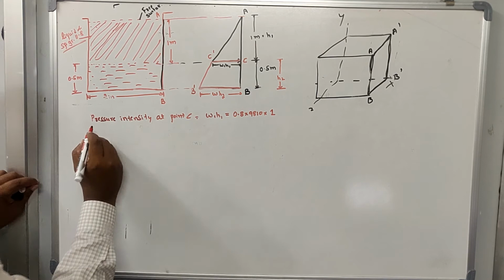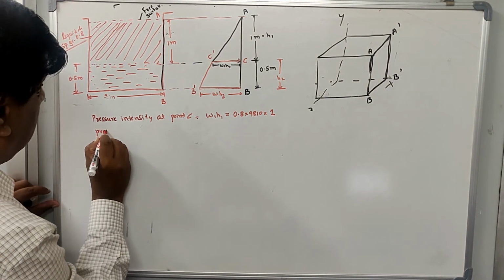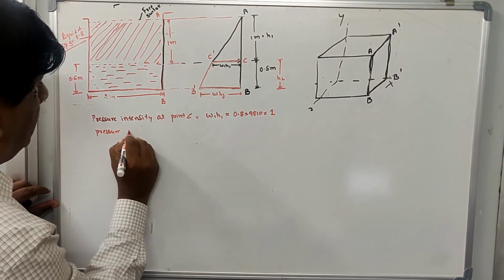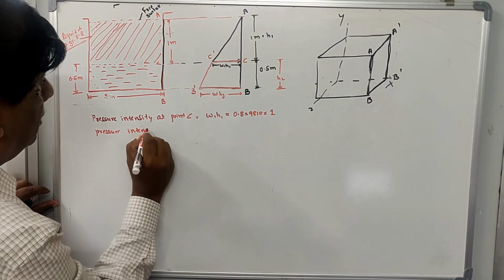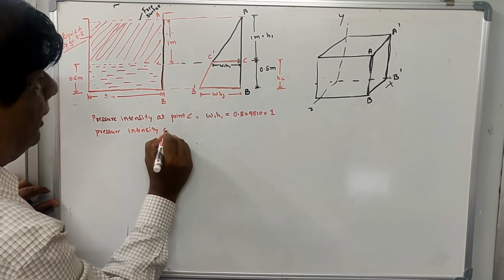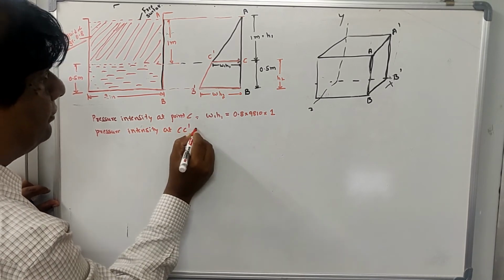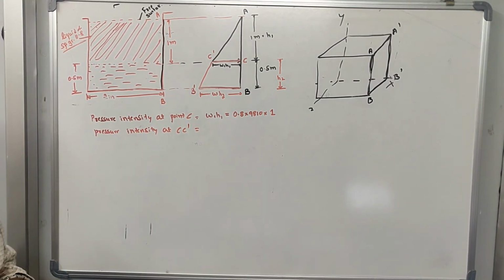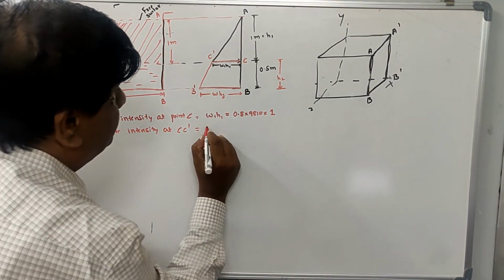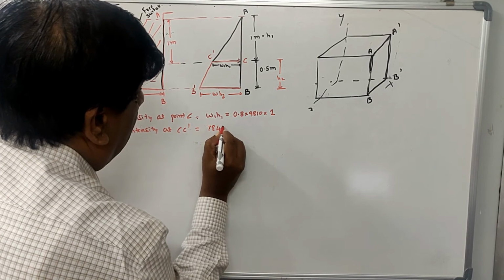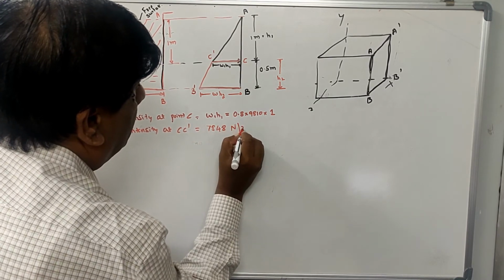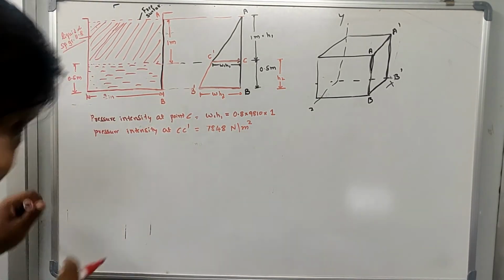So pressure intensity at C dash is equal to 7848 Newton per meter square.